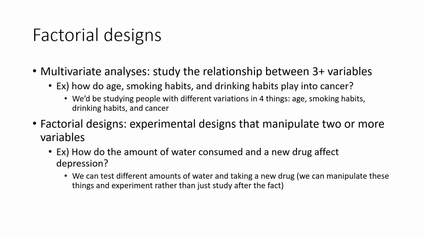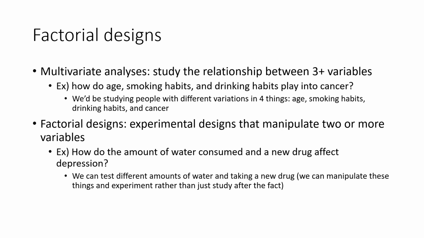Okay, so then the next thing that you need to know is factorial designs. This is experimental designs that manipulate 2 or more variables. So this is experimenting. And notice how now you're only looking at 2+ variables. An example of this is, how do the amount of water consumed and a new drug affect depression?